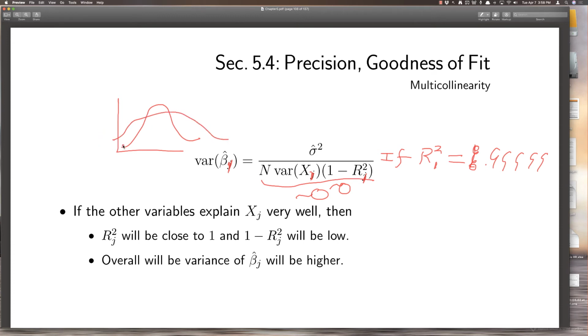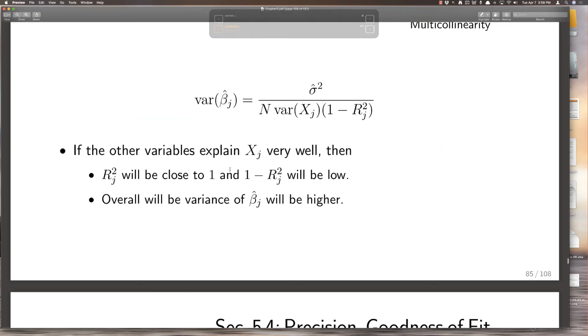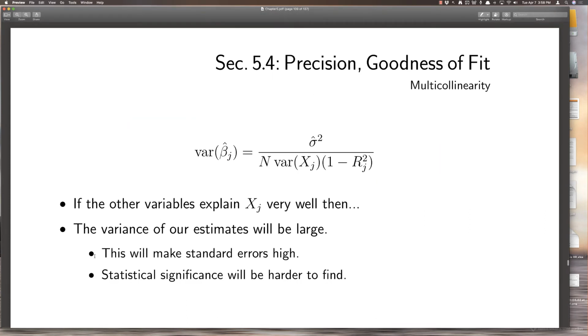That's bad. So high correlation amongst your x variables is bad and can make it hard for you to reject the null hypothesis. So that will make standard errors big, and it makes statistical significance hard to find.